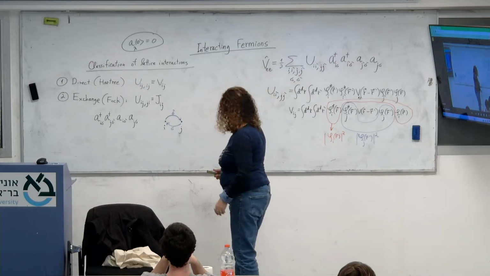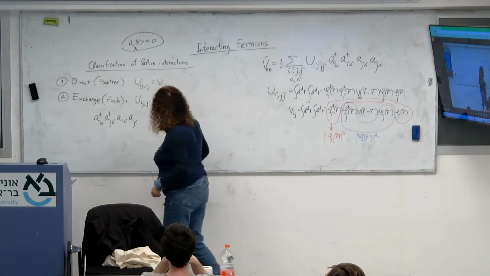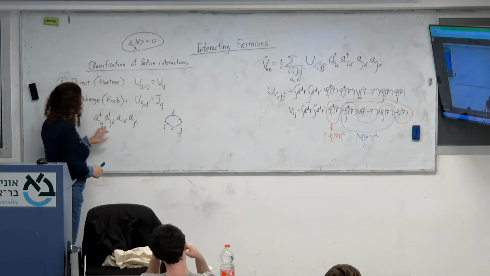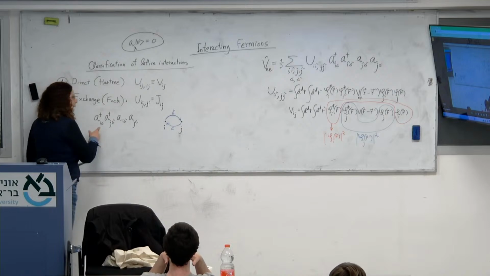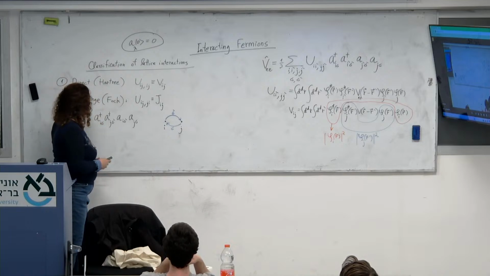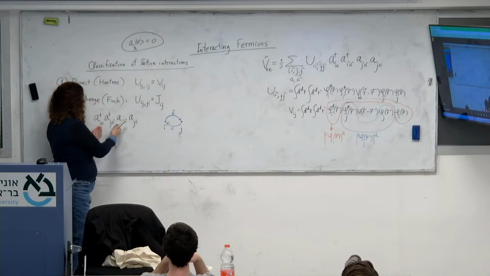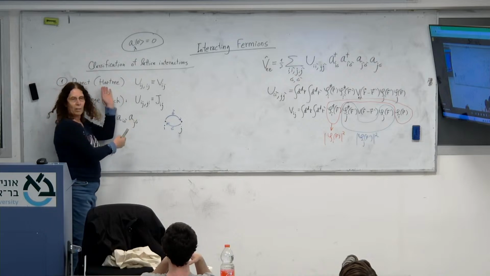So, as a matter of fact, if you look at a subset of such processes where sigma is equal to sigma prime, you see that it is actually a term that also exists in the Hartree part, in the direct part.